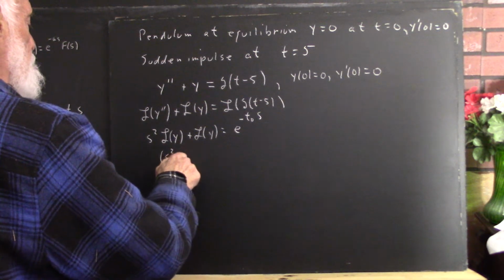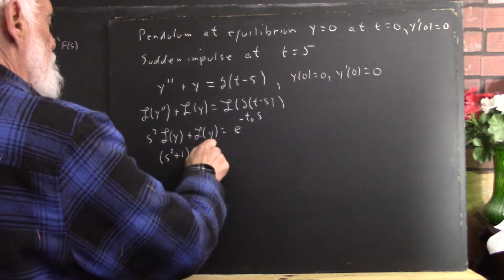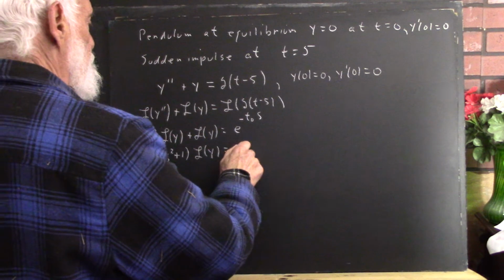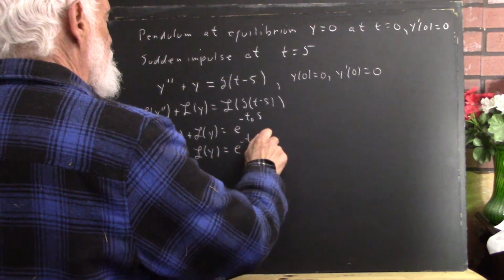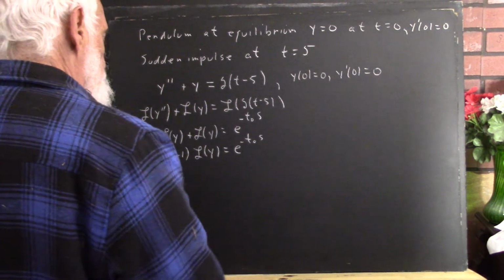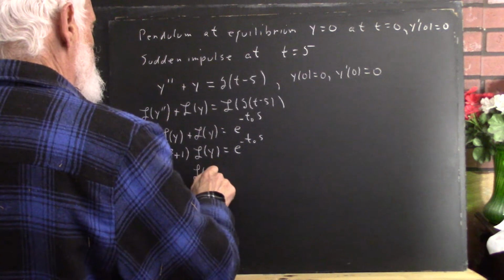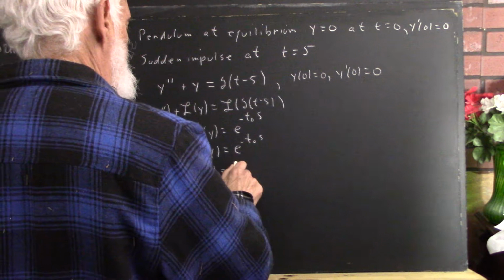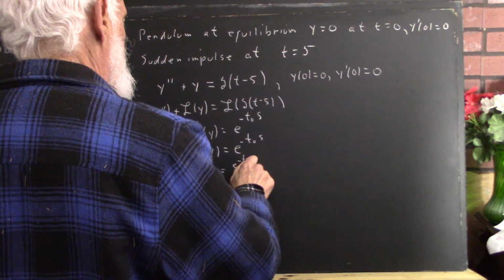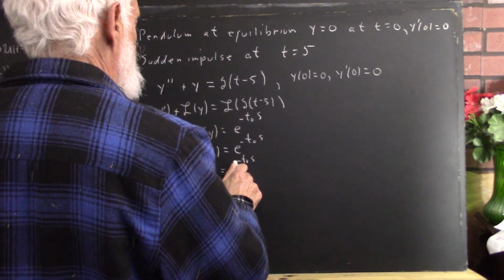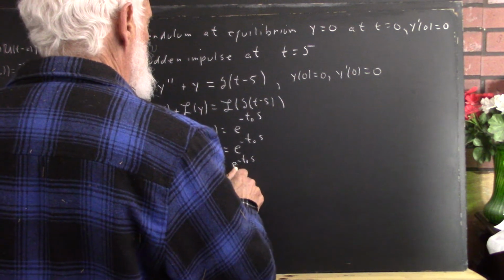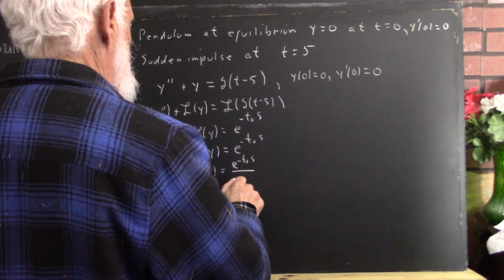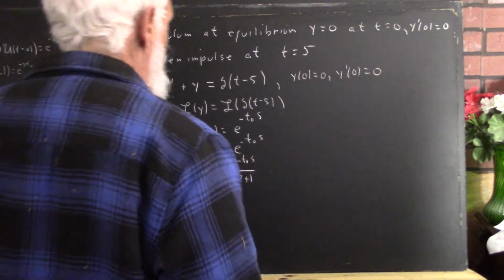We're going to get s squared plus 1 times the transform of y equals e to the negative t naught s. So the transform of y equals e to the negative t naught s over s squared plus 1.